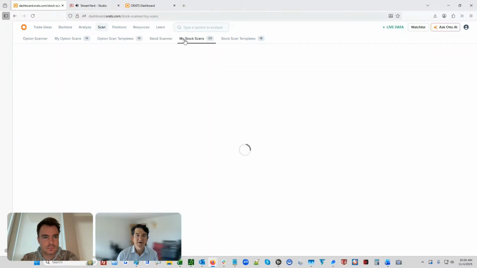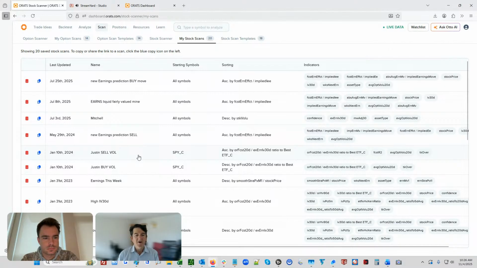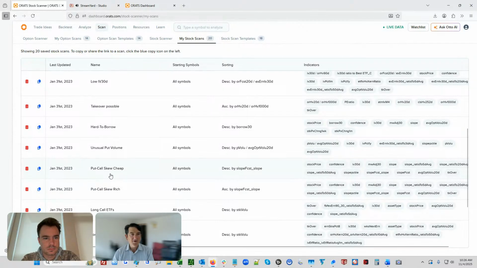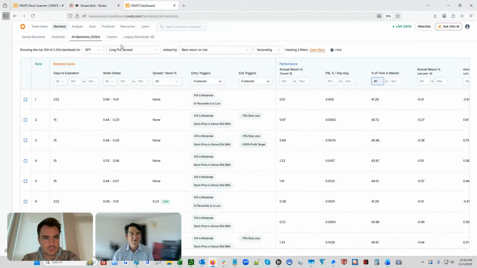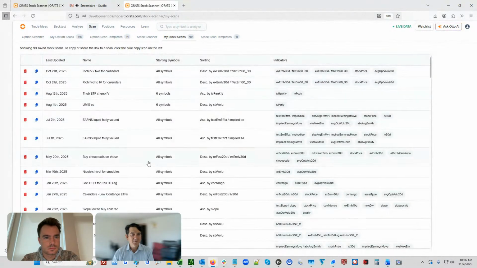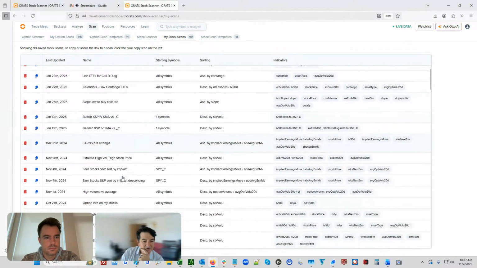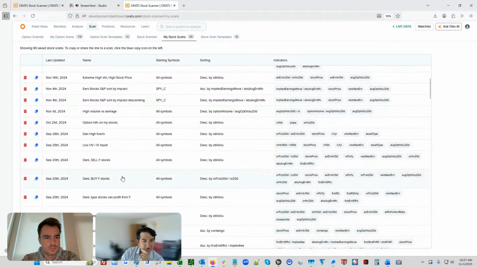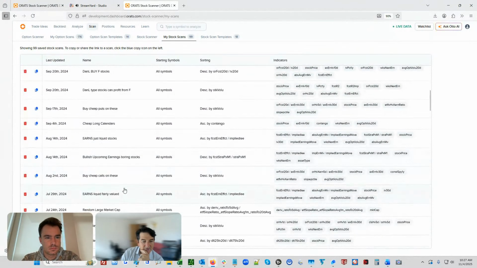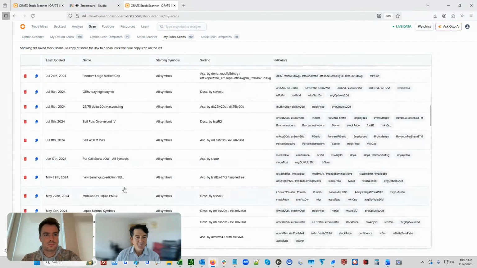In our stock scanner, if you want to find certain stocks, I have some saved strategies in here that I've looked at before.